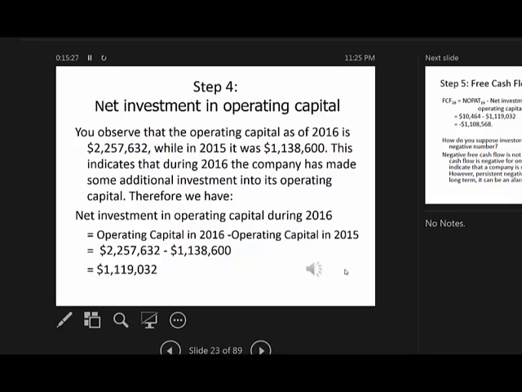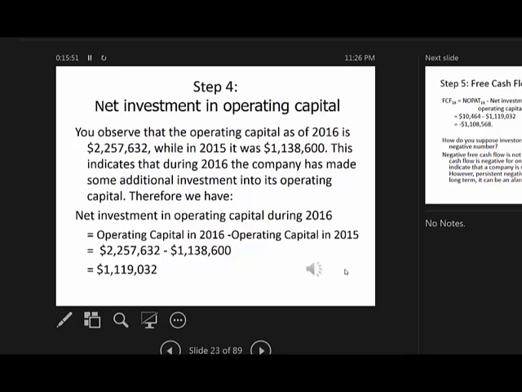So this indicates that during the year of 2016, the company has made some additional investment into its operating capital. Therefore, we have the net investment in operating capital during 2016 as the result of operating capital in 2016 minus the operating capital in 2015.